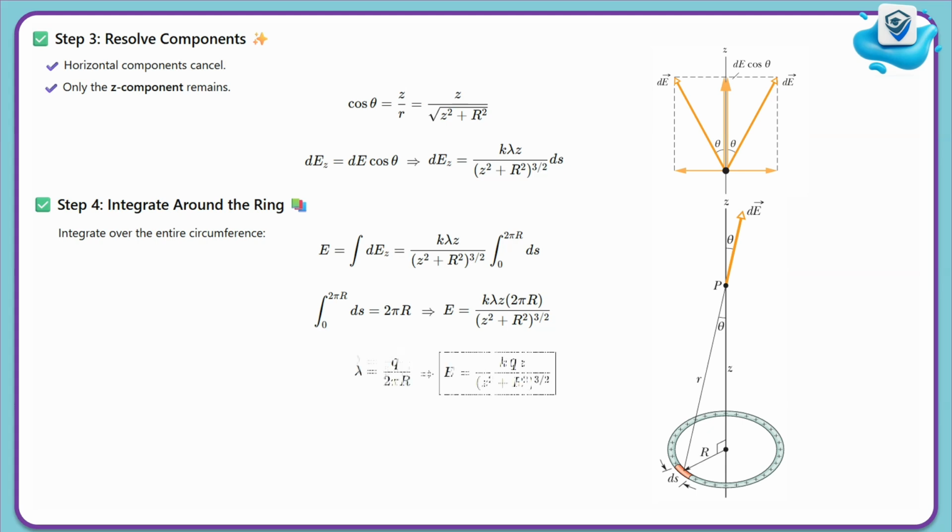Finally, we substitute lambda equals q divided by 2 pi r and obtain the electric field of a uniformly charged ring, E equals kqz divided by the quantity z squared plus r squared raised to the power 3/2.